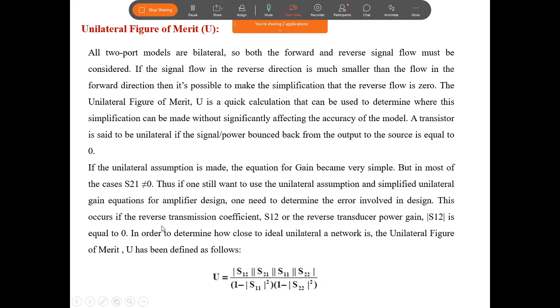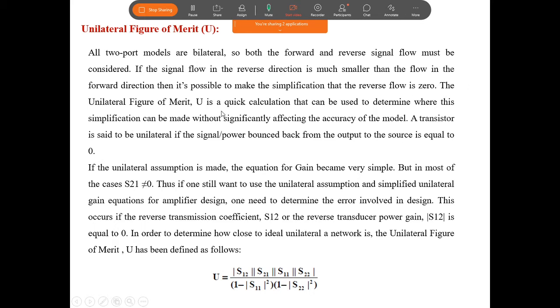In amplifier design, all two-port models are bilateral, so both the forward and reverse signal flow must be considered. If the signal flow in the reverse direction is much smaller than the flow in the forward direction, then it is possible to simplify by taking the reverse flow as zero. If S12 is a very low value, we may consider it as zero.